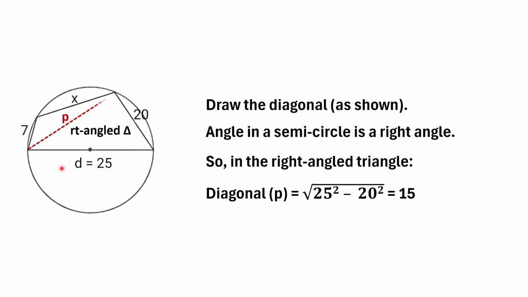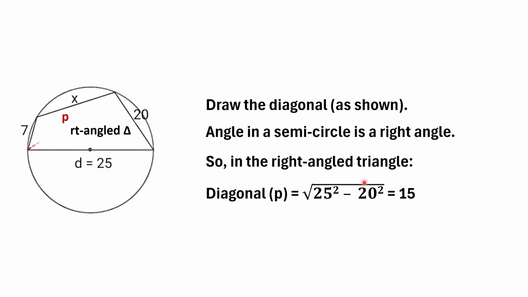Now angle in a semicircle is a right angle. So in the right angle triangle, diagonal p will be equal to the square root of hypotenuse square minus the other side square, that is 25 square minus 20 square.